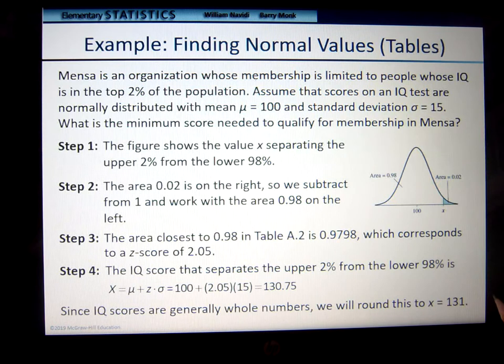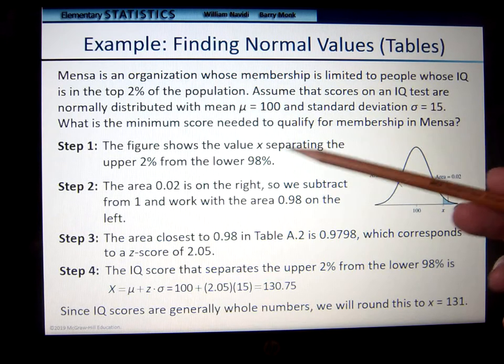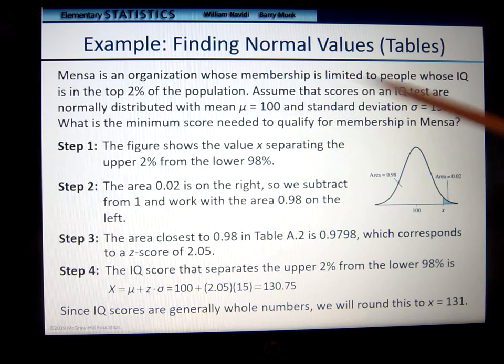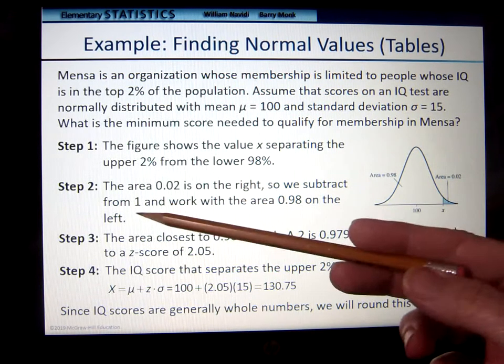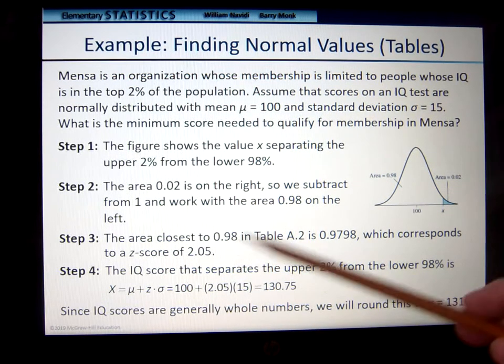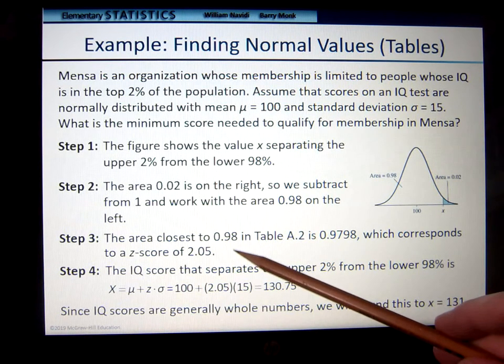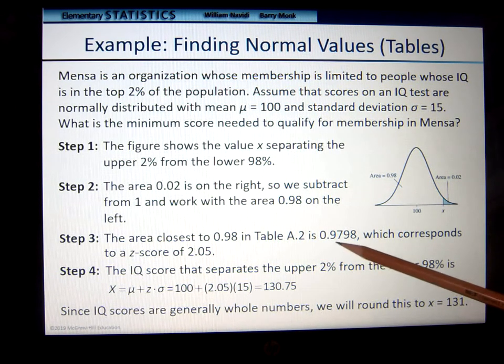All right, so we want to find where the area is in the upper 2%, which means that's the lower 98%. So the area on the right is 2%, so we subtract from 1 to get the 98% area on the left. The closest area to 0.98 in table A.2 is 0.9798, pretty darn close to 0.98.